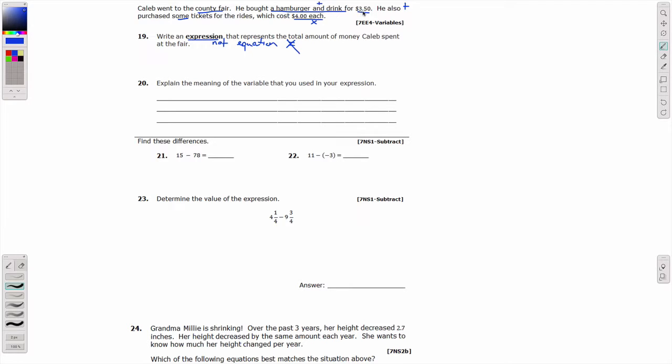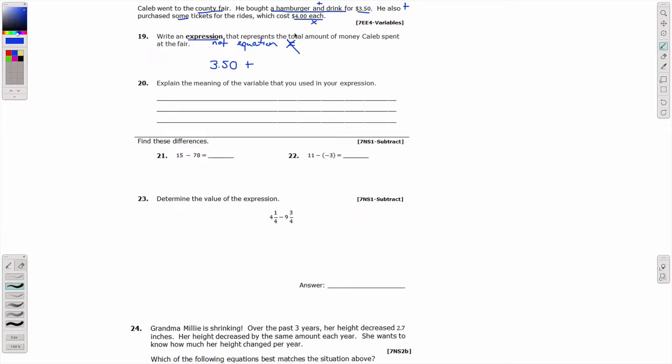Okay. Well, I know that he spent $3.50 on hamburger and drink. So I can just write that down. That's a constant, $3.50. I can add the 0 or not. 3.5 or 3.50 doesn't really matter. Plus, he bought some tickets for the ride.